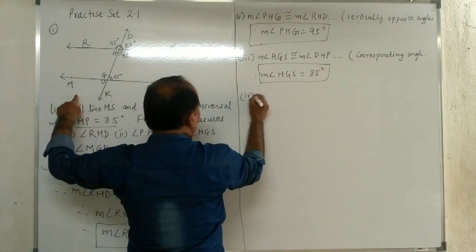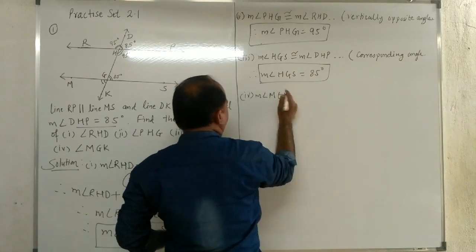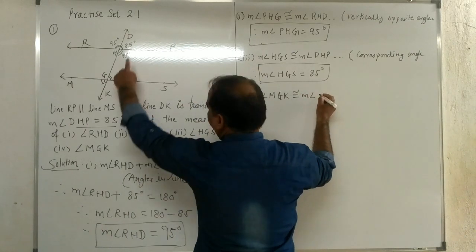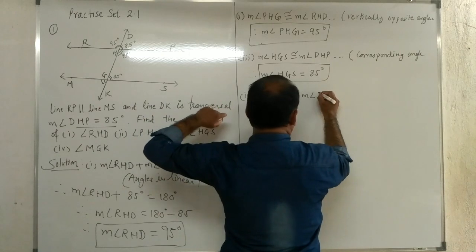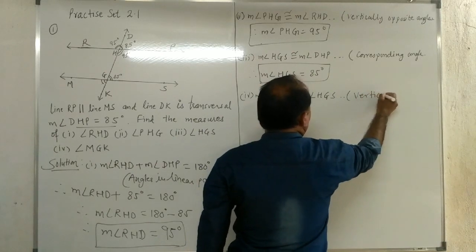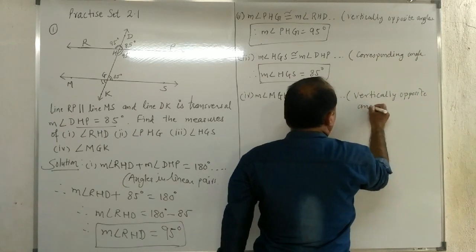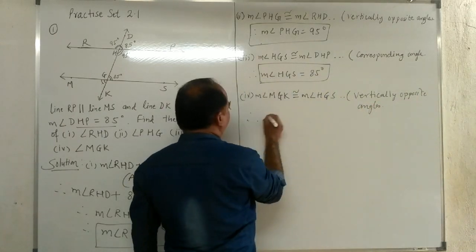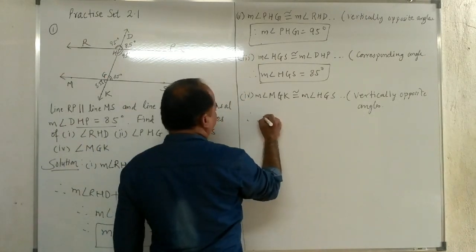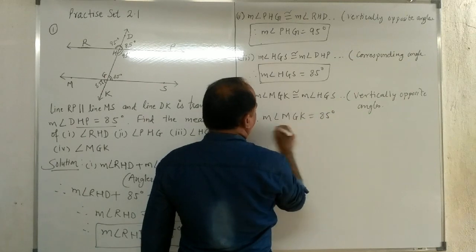So measure angle MGK is congruent to measure angle HGS, because vertically opposite angles are congruent. Therefore, HGS is 85, so this MGK is also 85 degrees. Therefore, measure angle MGK is equal to 85 degrees.